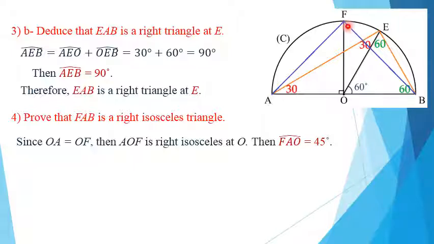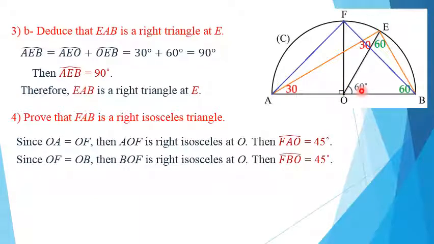Okay, so I divided FAB into two triangles, FAO and FOB. Here, FO is perpendicular to OB, so we have a right angle. It's a right triangle, and since OF equals OB, it's an isosceles triangle, so it's a right isosceles triangle.